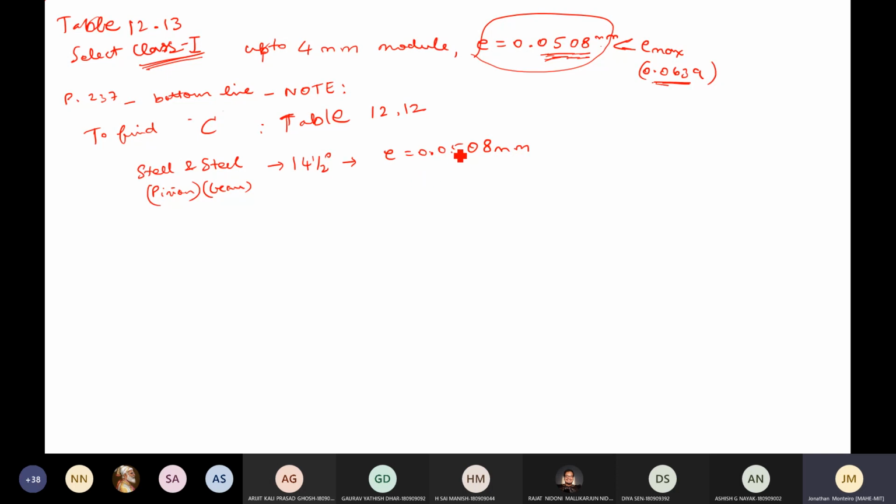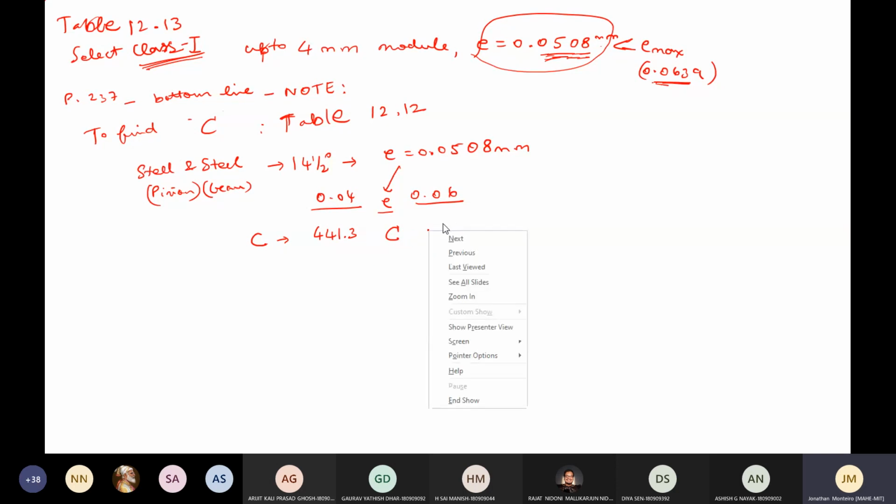With this in mind, what should be the value of C? Again, you don't have the value 0.0508 in the table, so you have to interpolate. You have 0.04 and 0.06, and in between you have this E value. Under this, for steel and 14.5 degree, you have 441.3 as the C value, and this is the unknown C value which you are going to find out.